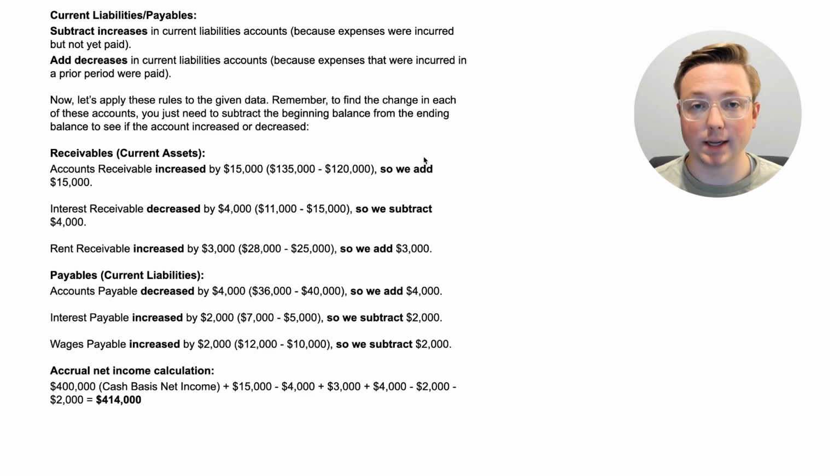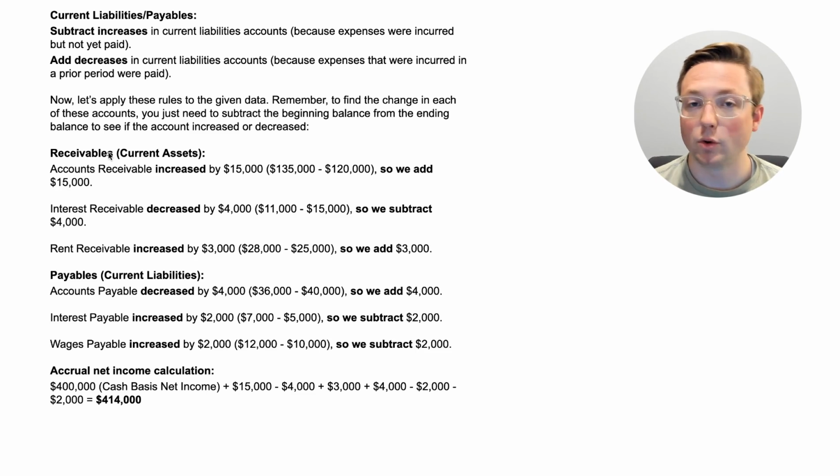You just do it the same way, but you know how to treat those increases or decreases based on it being a liability or an asset. So again, you subtract the beginning from the ending, and that's how it's going to be for all of these. All of these calculations that you see, I am subtracting the beginning balance from the ending balance.